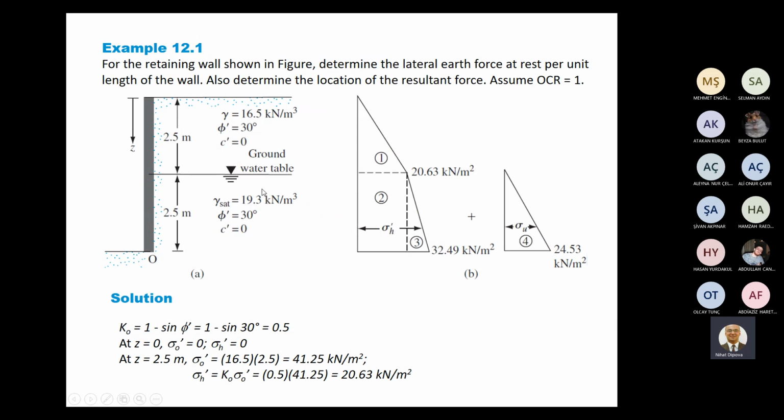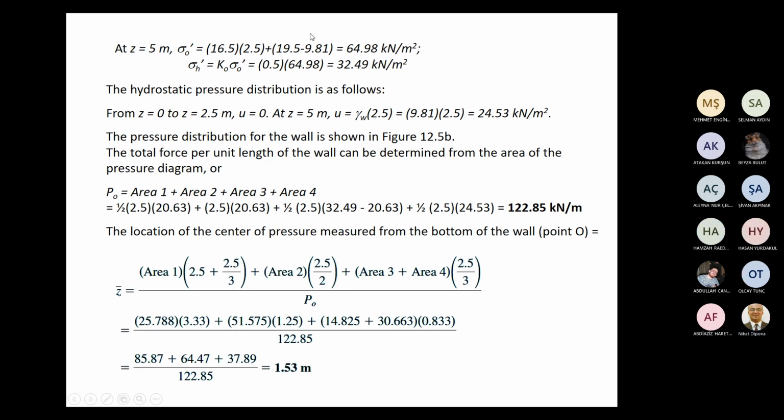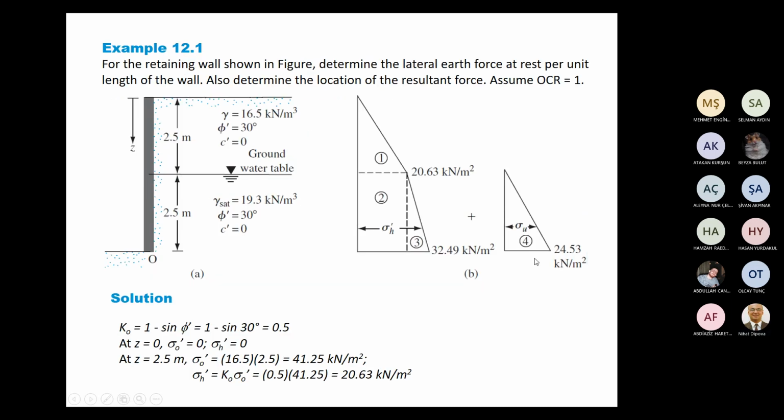So 19.3 minus unit weight of water comes from this relationship, and multiplying with K0, this equation will give us sigma H at depth 5 meters, 32.49.